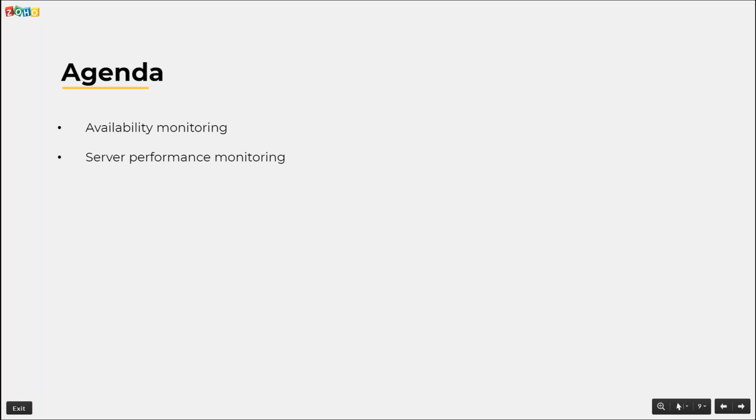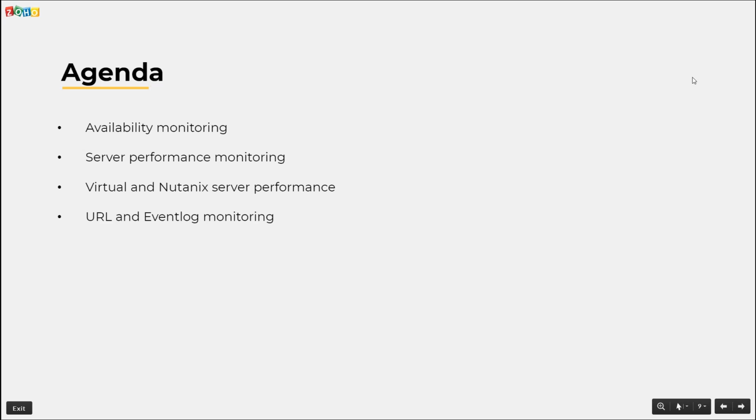Followed by that, we will also be seeing server performance monitoring, what the key parameters and metrics are to be monitored whenever a server is running very slow. Followed by virtual and Nutanix server performance, what the various performance metrics are which OpManager offers for virtual devices as well as Nutanix.